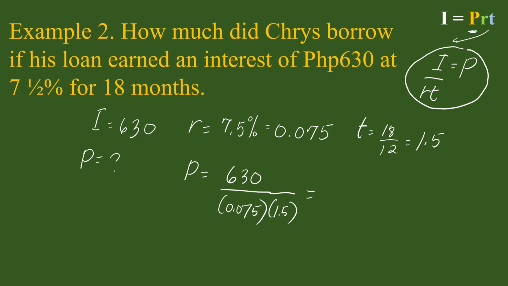Okay, so using our calculator, 630 divided by 0.075 and 1.5, so that would be 5,600 pesos. So Chris borrowed 5,600 pesos.